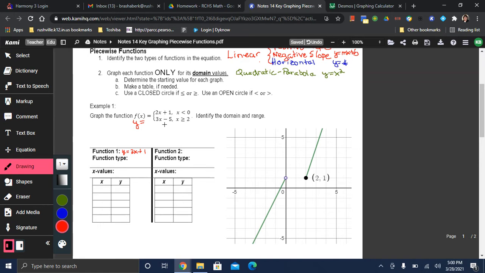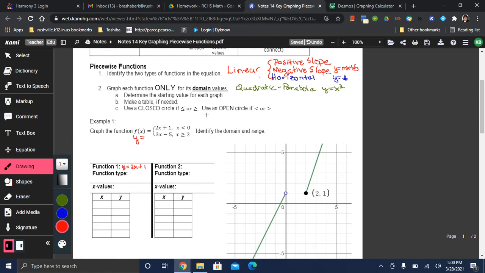And so the function type of my choices, I've got this y equals mx plus b. So I've got a line, so it's linear, and then the 2 is positive. So this is a linear function with a positive slope. So linear, positive slope.